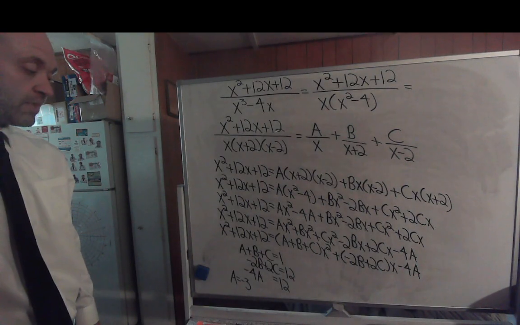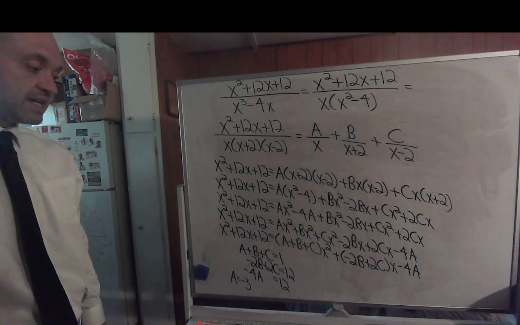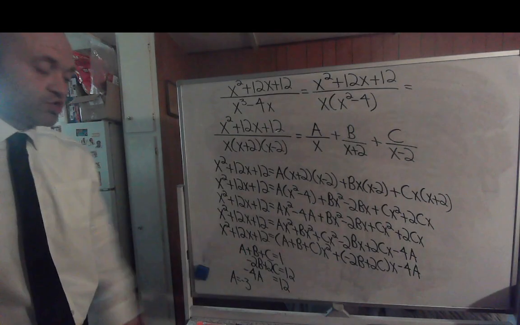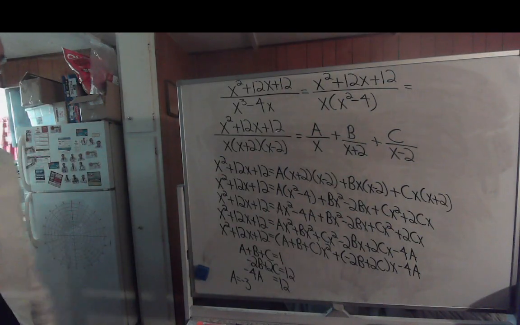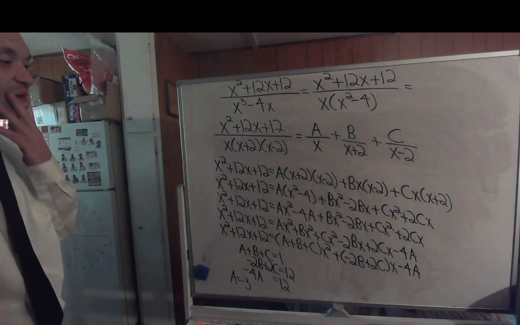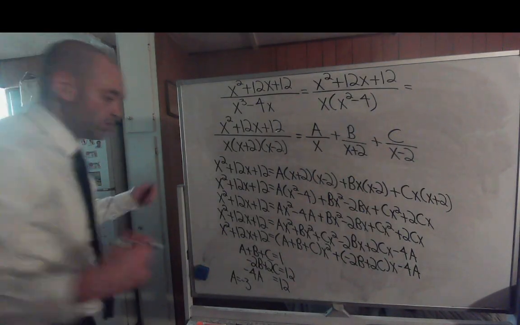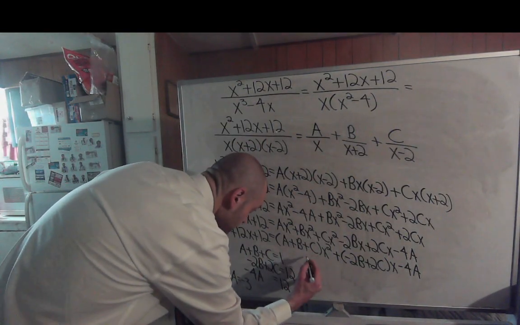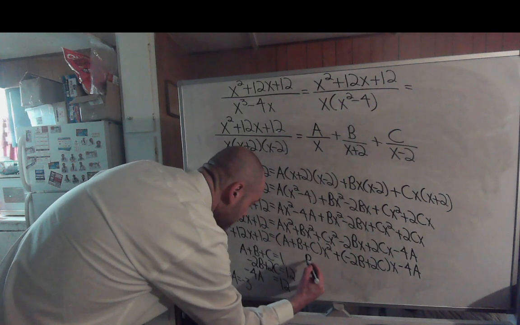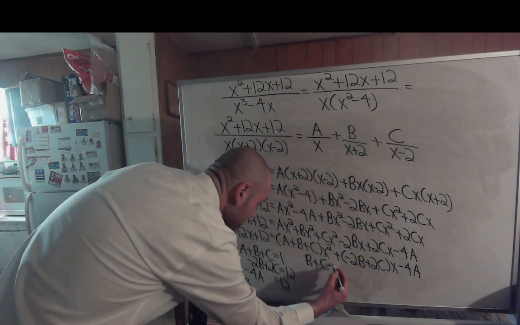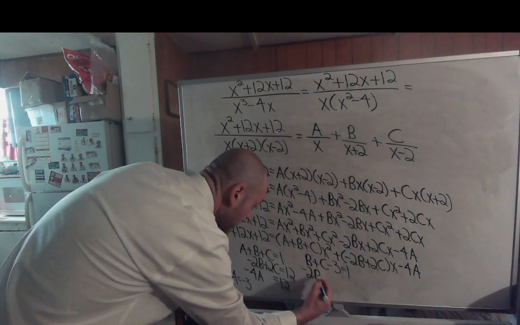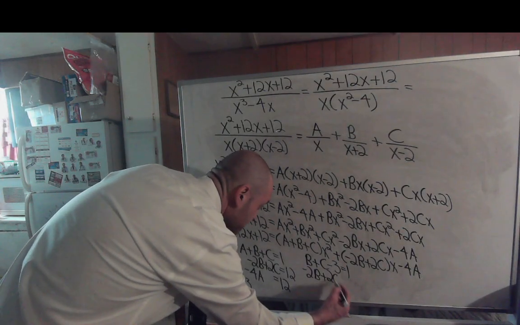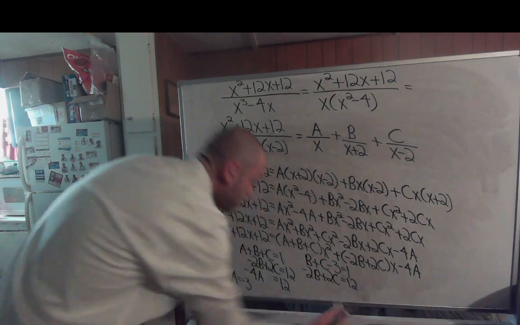Well, the best piece of advice I can give you is look at your top equation, a plus b plus c, substitute the a in. So let's do that here. So you'll end up getting b plus c minus 3 equals 1, and then you'll have negative 2b plus 2c equals 12.